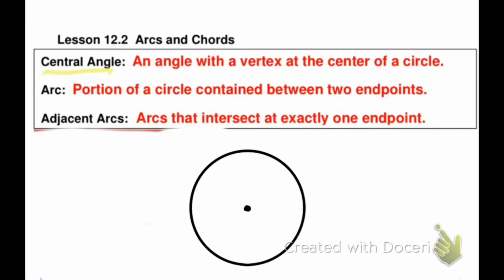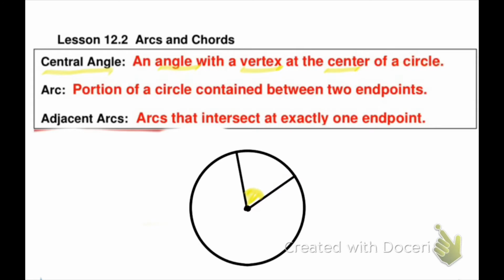If we get the radius for the circle, I'm going to use both radii, and notice that I create an angle right here. Well, that's the central angle because it's an angle with the vertex at the center of the circle. So this guy right here, that would be my central angle.